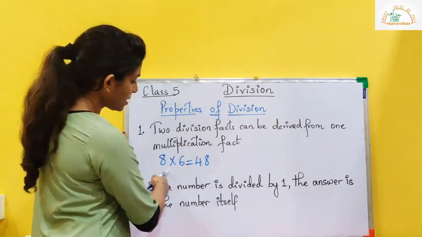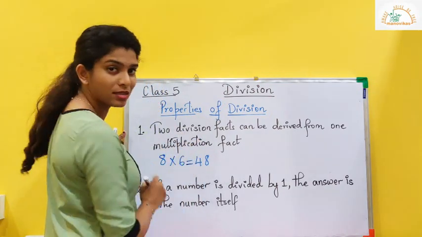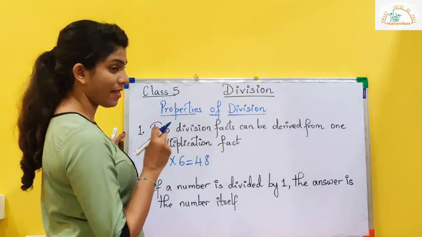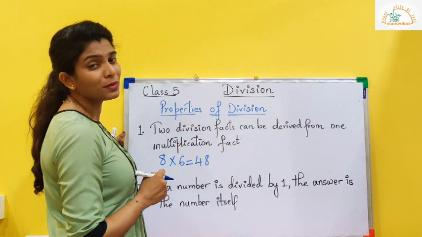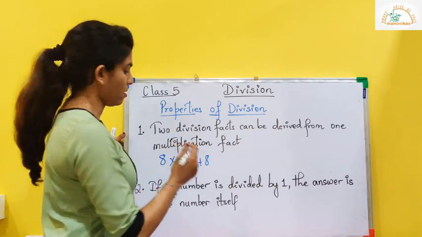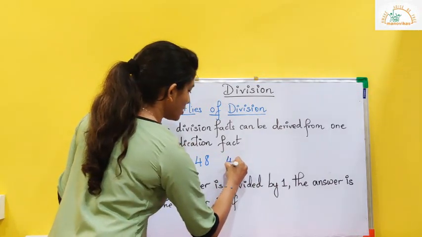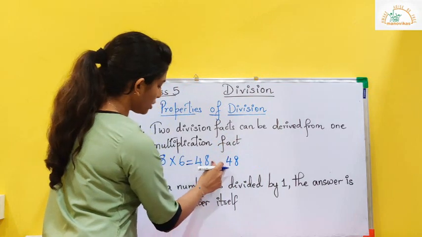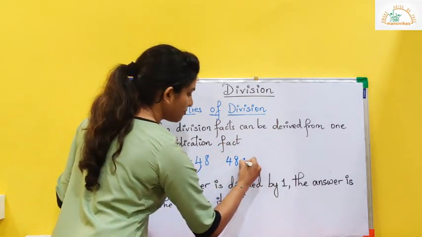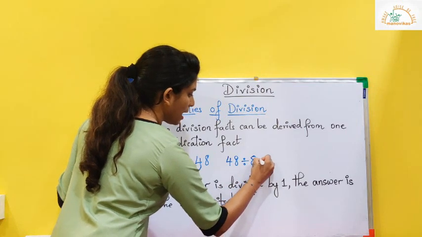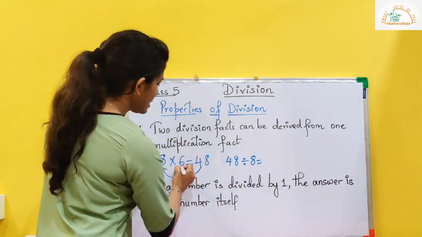Now this is a multiplication fact. From this we can derive two division facts. How? You got the answer as 48. So if I divide 48 by 8, the answer I get is 6.